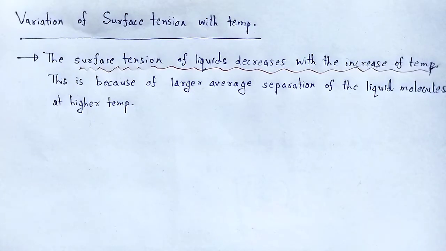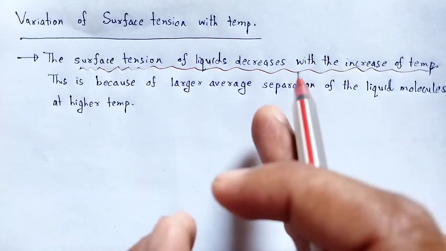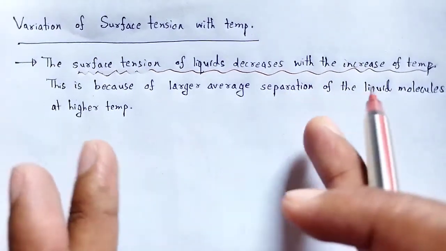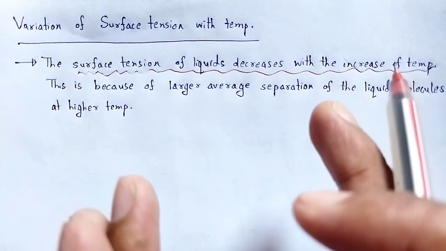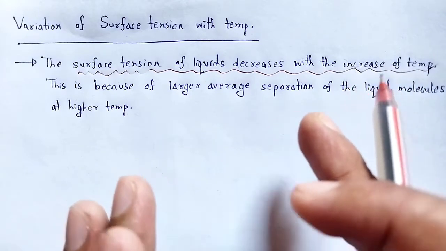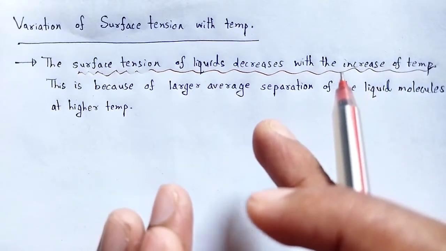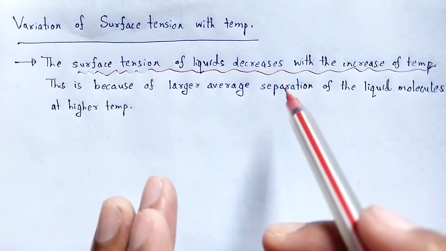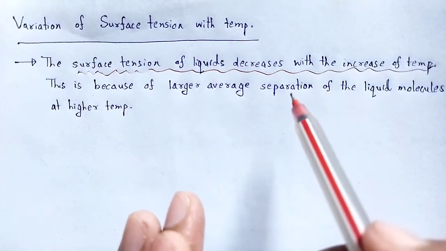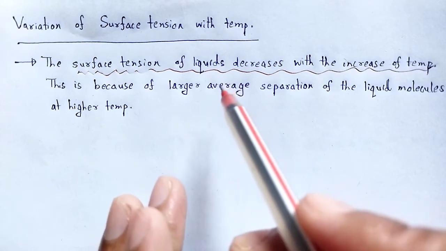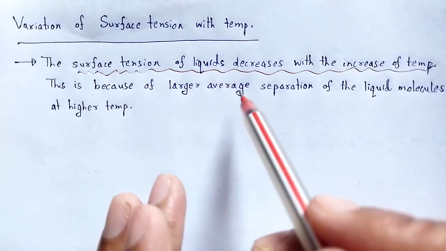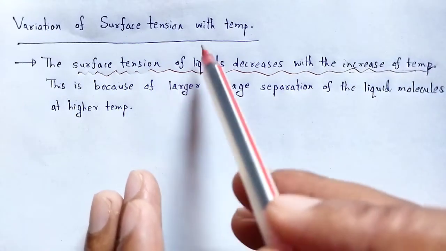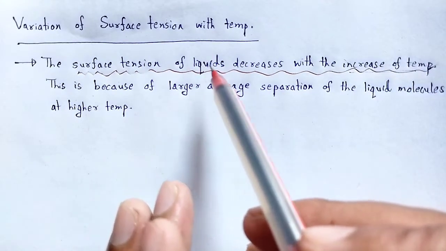At higher temperature, liquid molecules are separated largely, meaning the distance between the liquid molecules is very large compared to before application of temperature. So, the average separation will be maximum. That is why the randomness increases, entropy increases, and the increase in temperature leads to the decrease in surface tension.